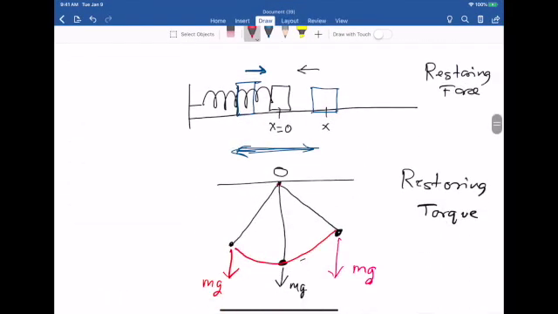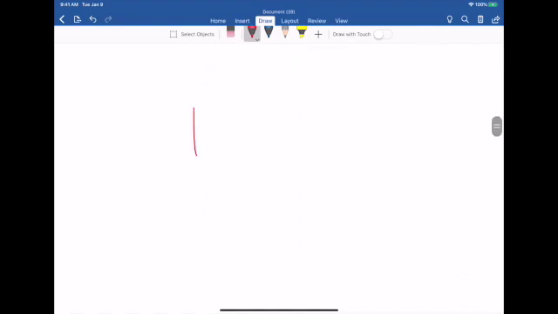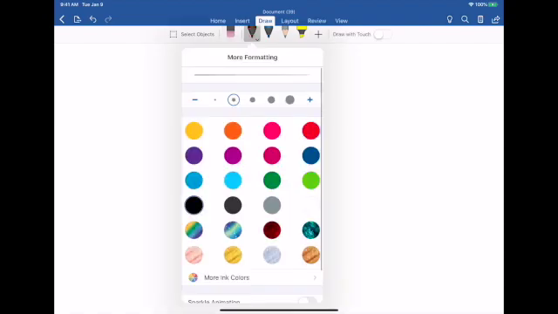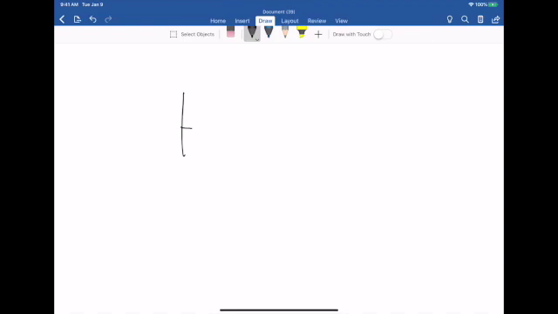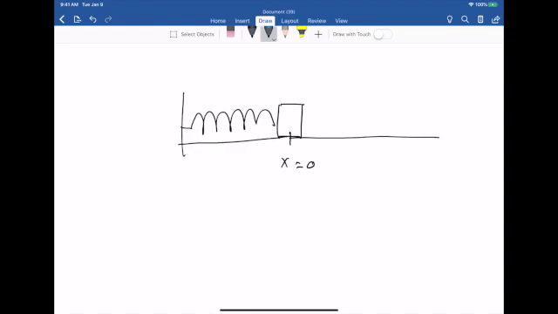So let's look at the restoring force in the case of the spring mass system. When you displace the mass out to a distance x, what is the force acting on the mass? Now let me just draw a separate one over here. So suppose you have your spring like this. This is x equals 0. Now suppose you've displaced the mass out to some x.